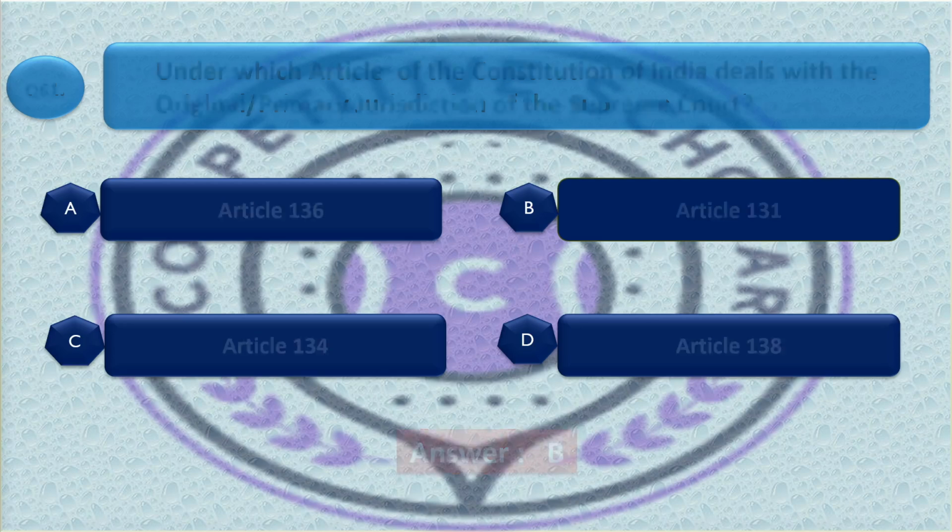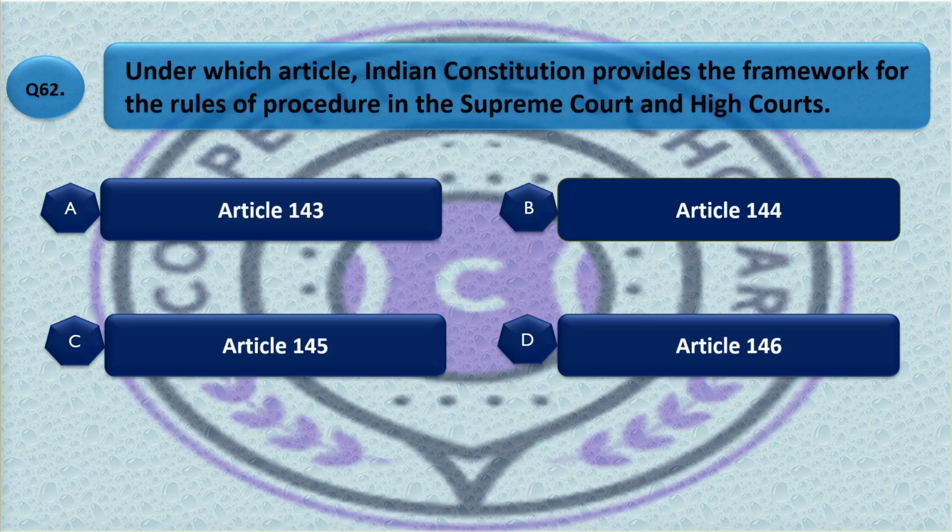Answer is option B. Question number 62. Under which article Indian Constitution provides the framework for the rules of procedure in the Supreme Court and High Courts? Option A, Article 143. Option B, Article 144. Option C, Article 145. Option D, Article 146. Answer is Article 145.